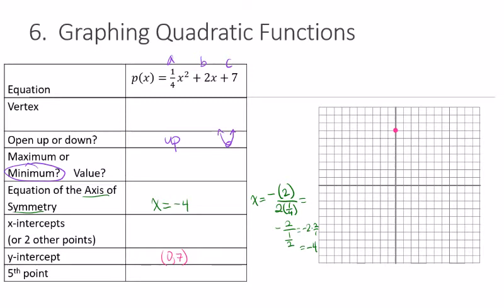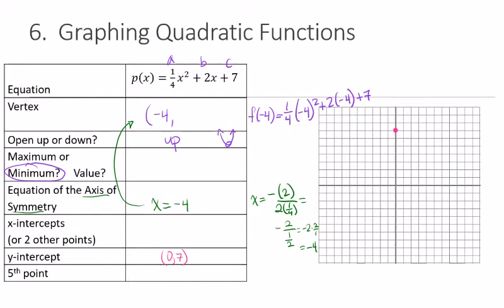All right, which helps us out with the vertex. Right now we can go up here, we can say, okay, well, that's going to give us our x coordinate of the vertex, and now we can find f of negative 4 to find our y value, right? So our output when our input is negative 4. So I'm going to do 1/4 times negative 4 squared plus 2 times negative 4 plus 7.